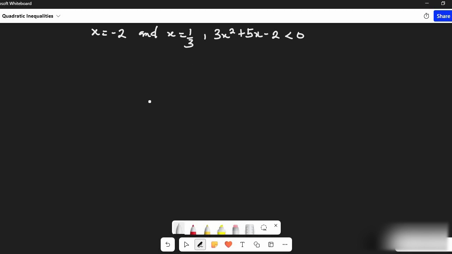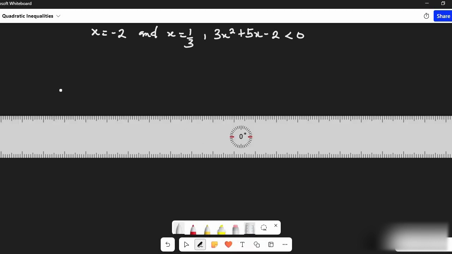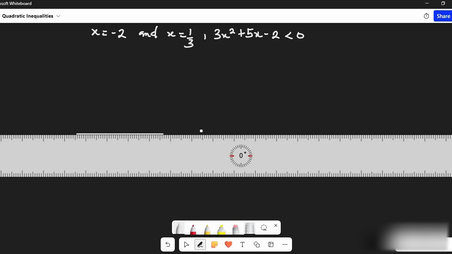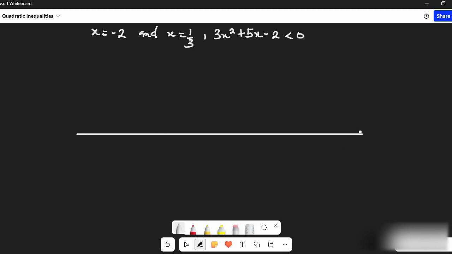Now to sketch the function, let's draw our x-axis. So this is the x-axis. Remember, it's a minimum value. So it's going to look like this. It's going to dip downwards.